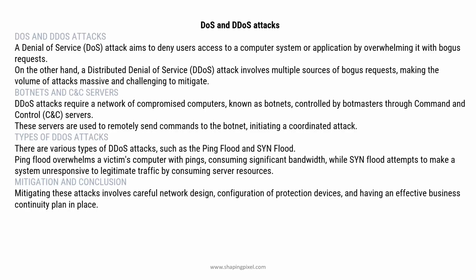A ping flood overwhelms a victim computer with pings, consuming bandwidth, while a SYN flood attack makes a system unresponsive to legitimate traffic by consuming server resources. Mitigating these attacks involves careful network design, configuring protection devices, and having an effective business continuity plan in place. Understanding these attacks is crucial for safeguarding against them.